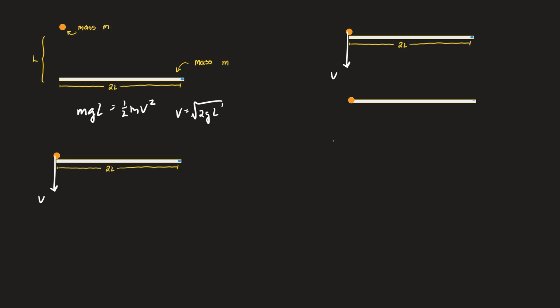So this ball and rod together are going to begin to rotate. Something like that. So our job is to find what the angular speed of this system is directly after the collision.